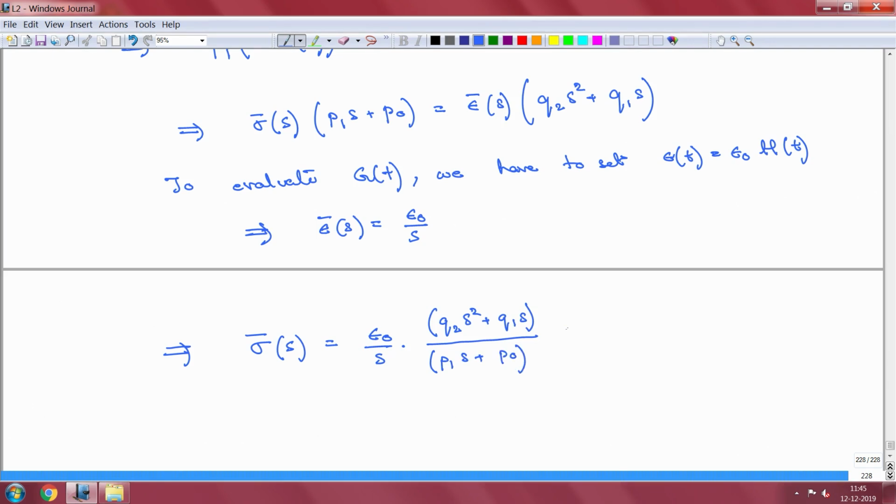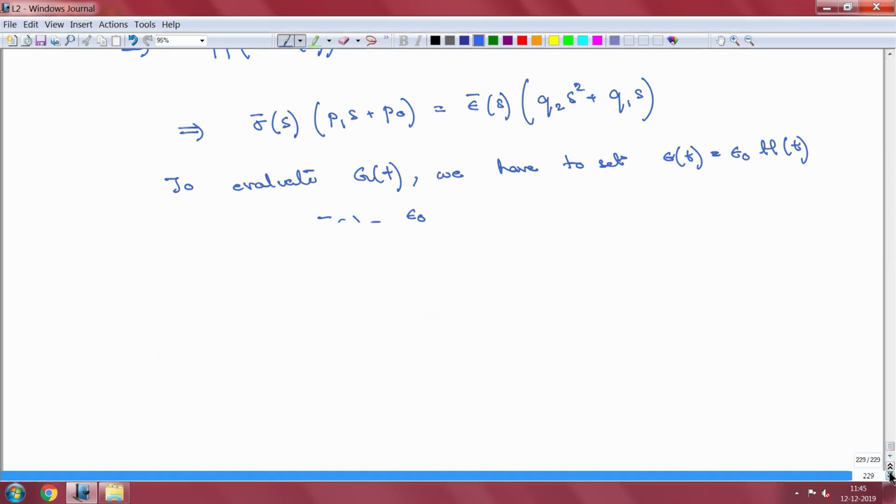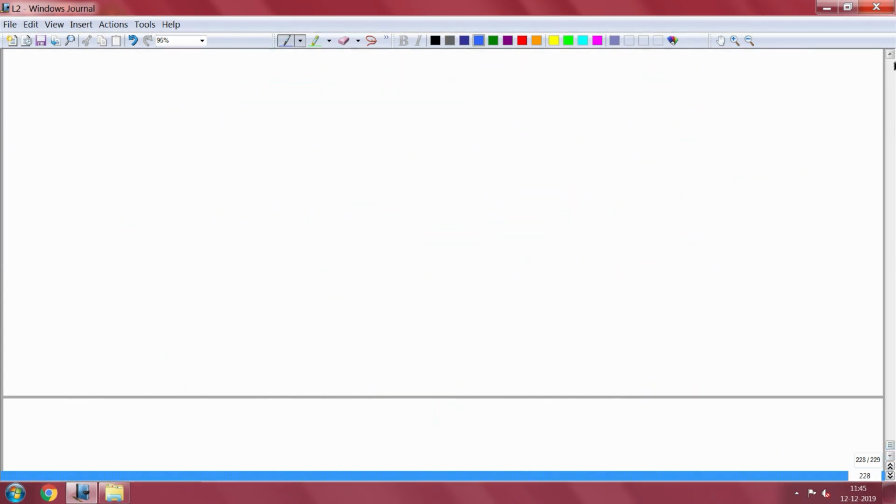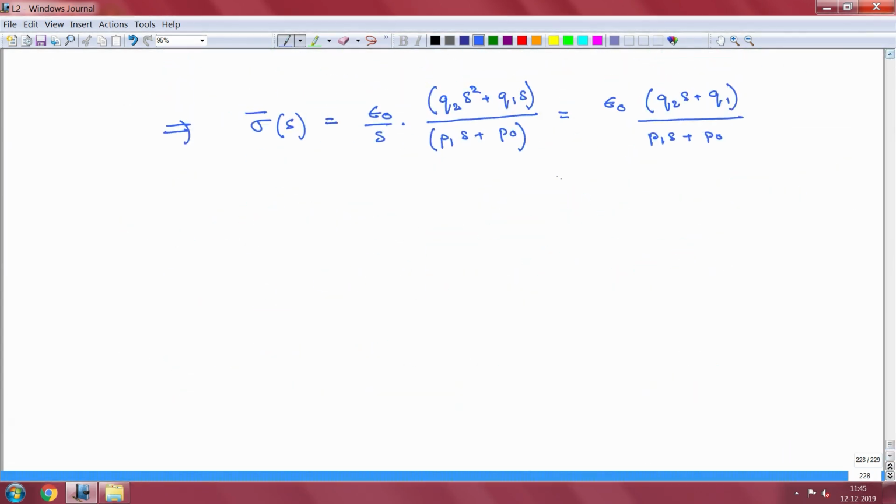There is an s in the denominator and an extra s in the numerator, so this will simplify down to epsilon naught times q2 s plus q1 divided by p1 s plus p0. We are already familiar with how to solve such equations where such fractional forms are there, so let us go ahead and try to solve this.